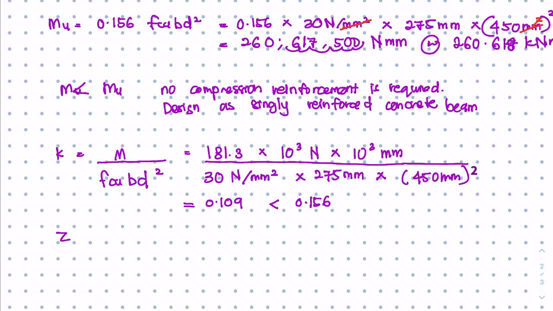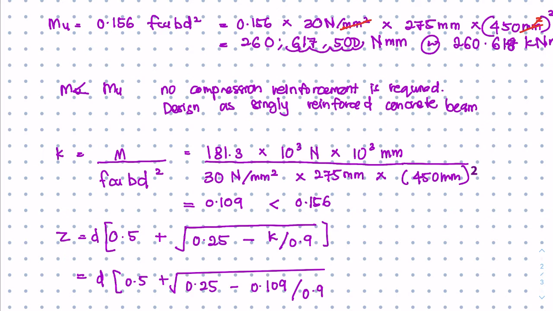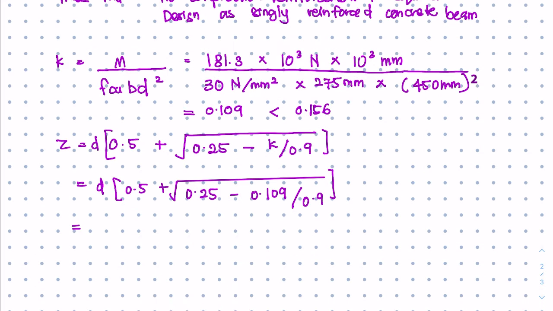Then we calculate Z using the formula 0.5 plus square root of 0.25 minus K divided by 0.9, multiplied by D. So you will get 0.859D, which is less than 0.95D.